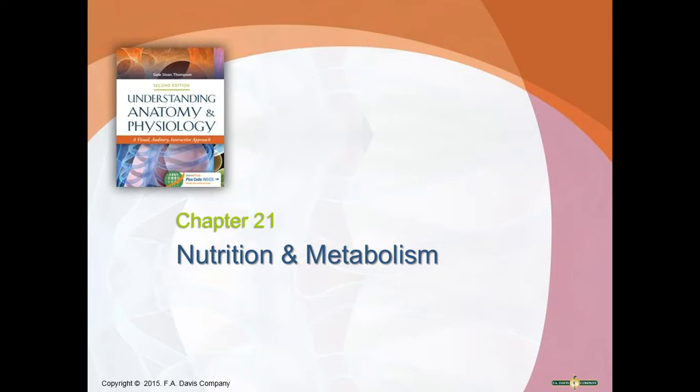It says to summarize it, including glycolysis, anaerobic fermentation, describe the process of lipid metabolism, describe the process of protein metabolism, identify the three means by which the body loses heat, explain the negative feedback mechanisms that help regulate the body's temperature. So we're going to go through some of these processes of metabolism.